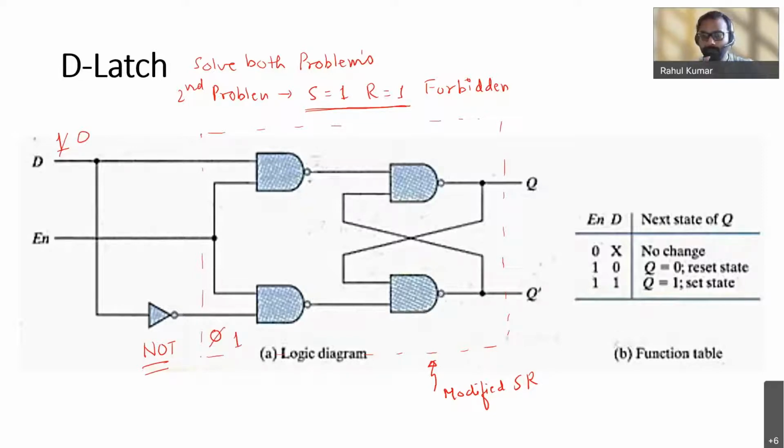So there will be no condition when both your inputs are the same.